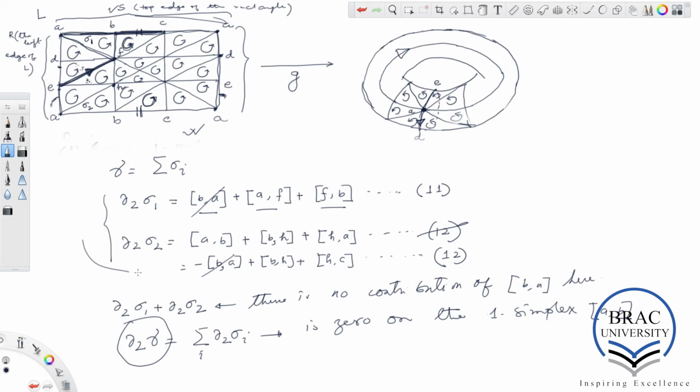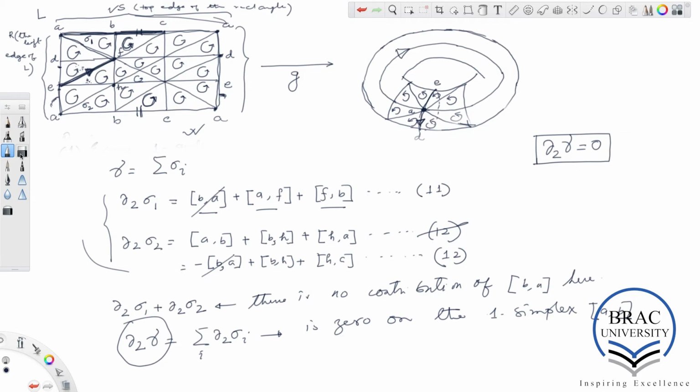So we also verified that delta 2 gamma is 0 on all the one simplices that we are dealing with, be it on the boundary, or even if it does not belong to the boundary, delta 2 gamma is going to be 0 on that one simplex.